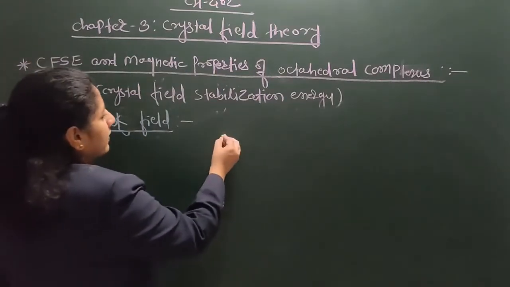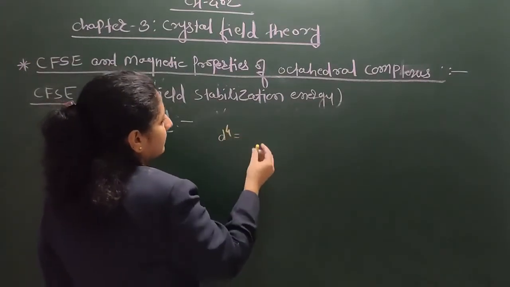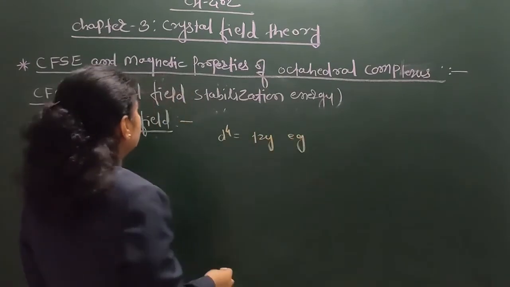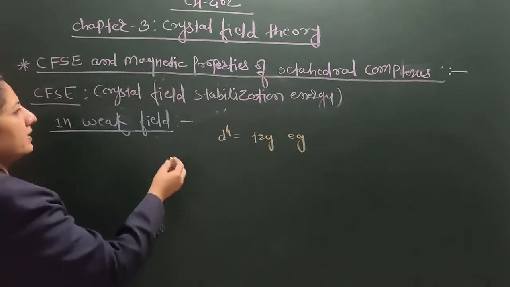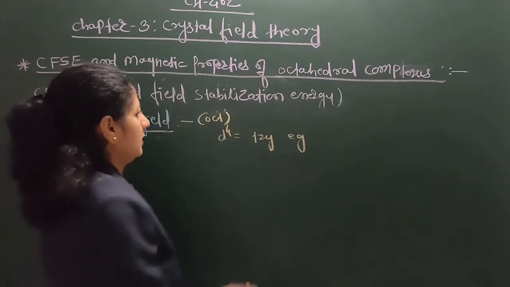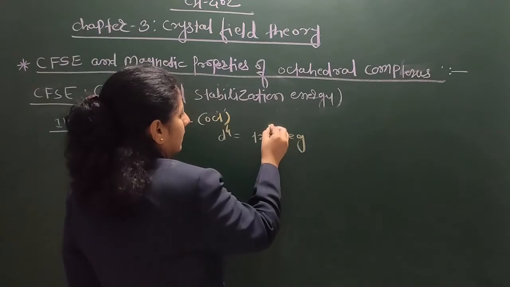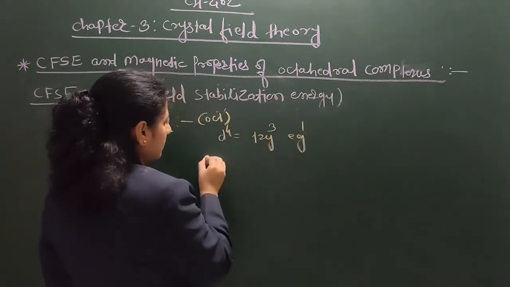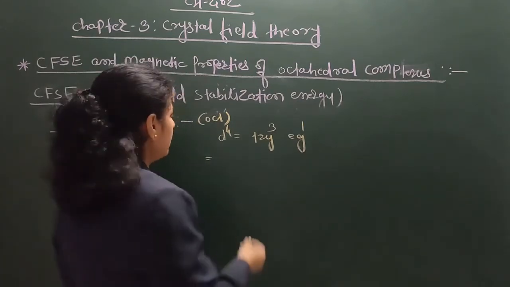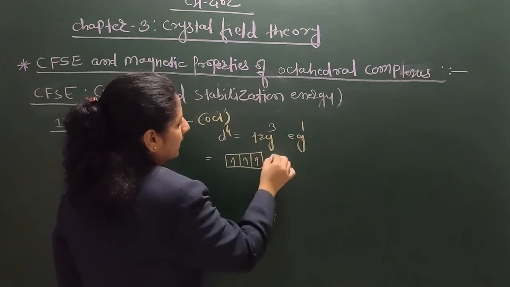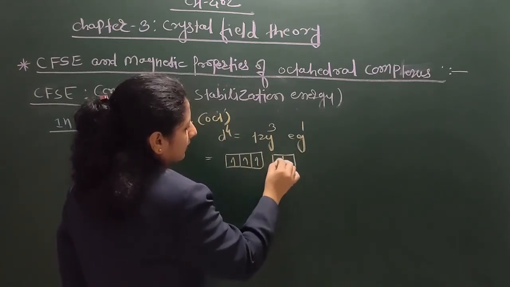Now in weak field for D4, as we know for the D4 system, that is t2g and eg, and this we can see in octahedral field. So for the D4 system, there are 3 electrons in t2g and 1 electron in eg, because the ligand is weak field. So the distribution for t2g is 1, 2, 3, and for eg is 1.